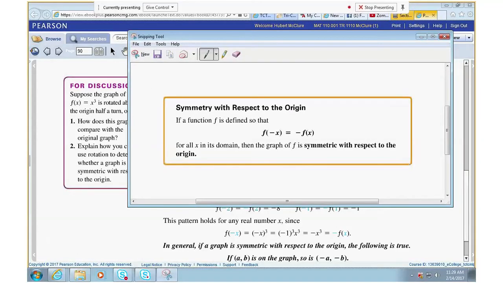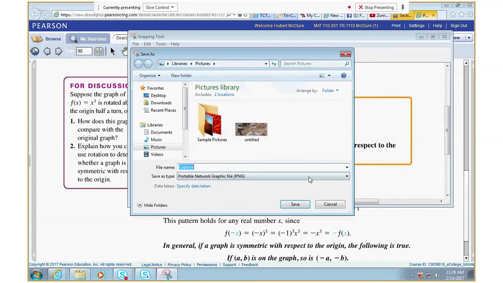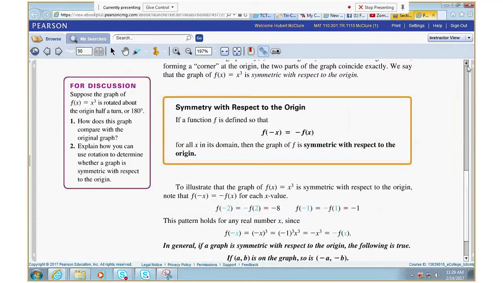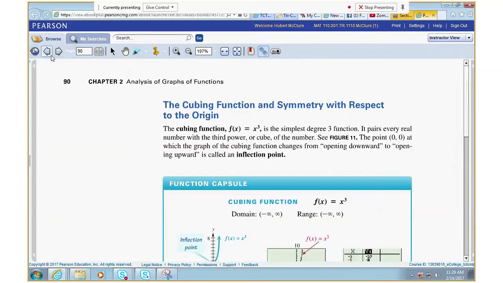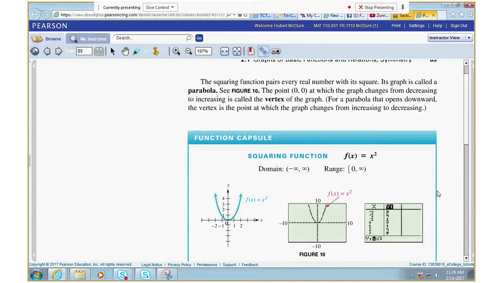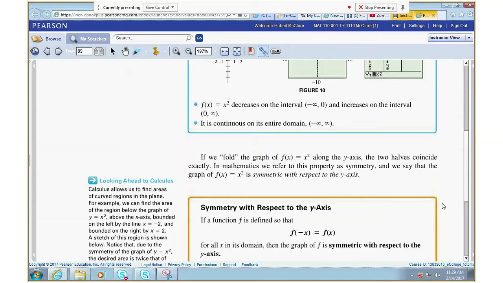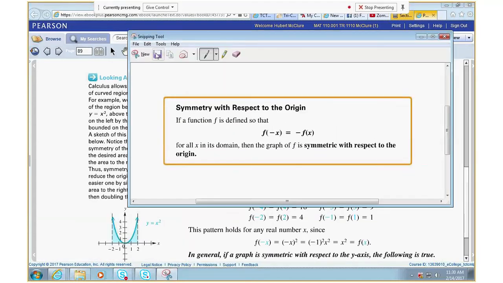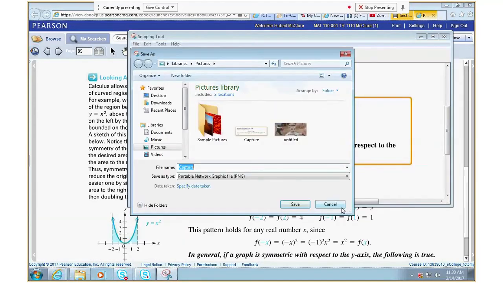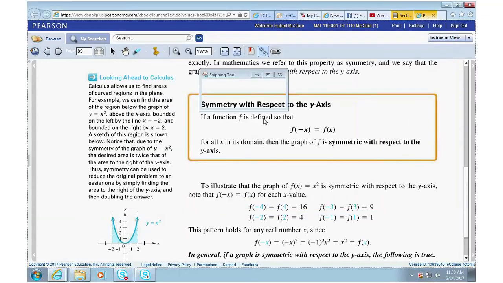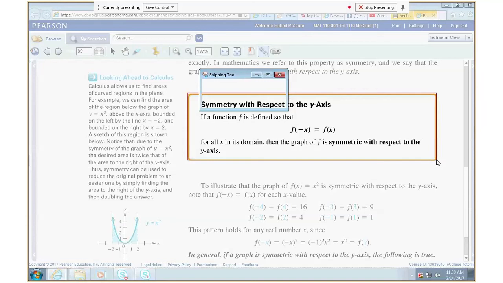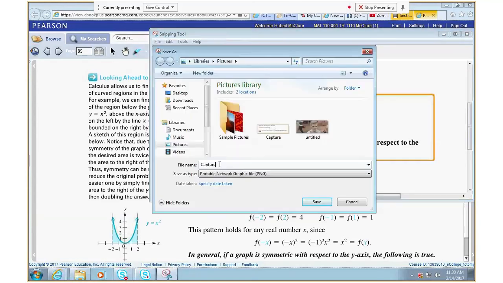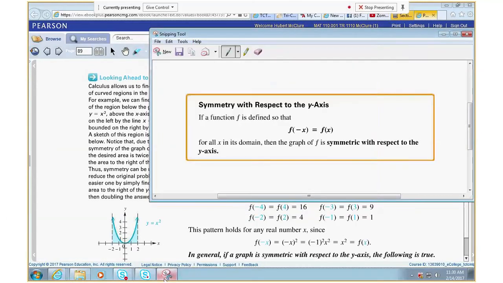There's that one. And snip the other one out. Now put it up on the handy dandy whiteboard.